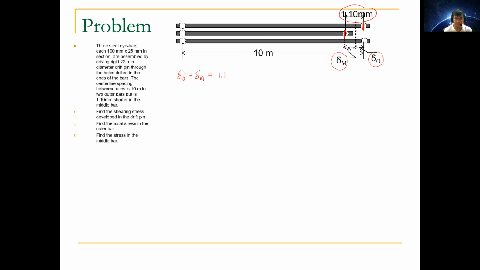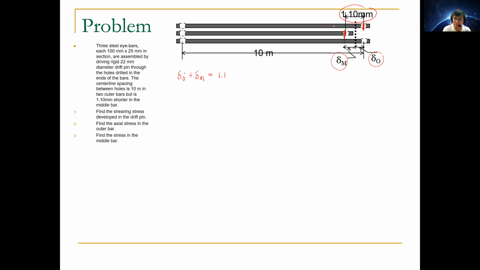Okay. So again, why did I add the two different deflections? Dili siya totally deflection, di ba? Because when you drive the pin, it's totally perpendicular to the cross-sectional area sa inyong 3 steel I bars. So again, probably the movement is caused by the axial forces, di ba? Katong akong i-draw ganina.